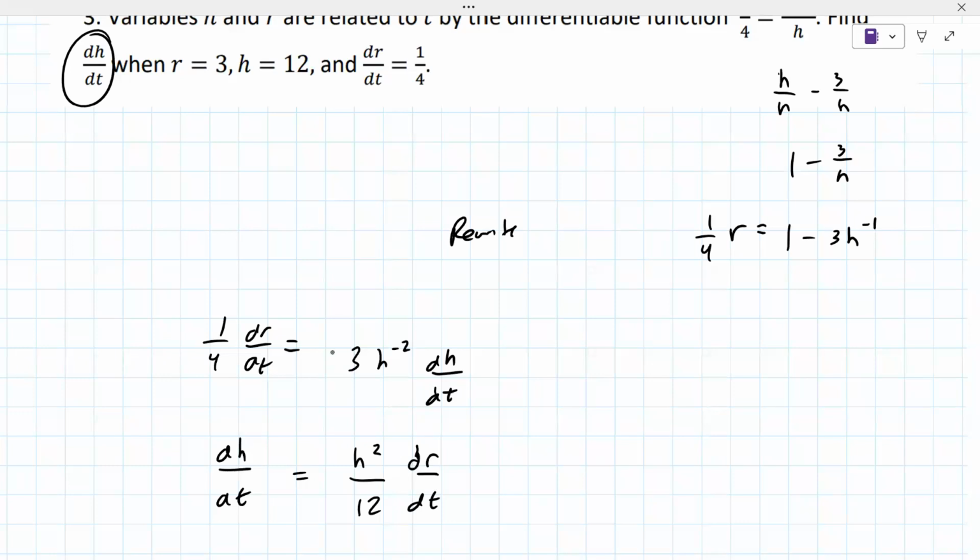Wait, how'd you get h squared over 12? What did you get when you solve for dh/dt? I was working on it. I just did the 1/4 times one fourth, and then equals 3, 2.